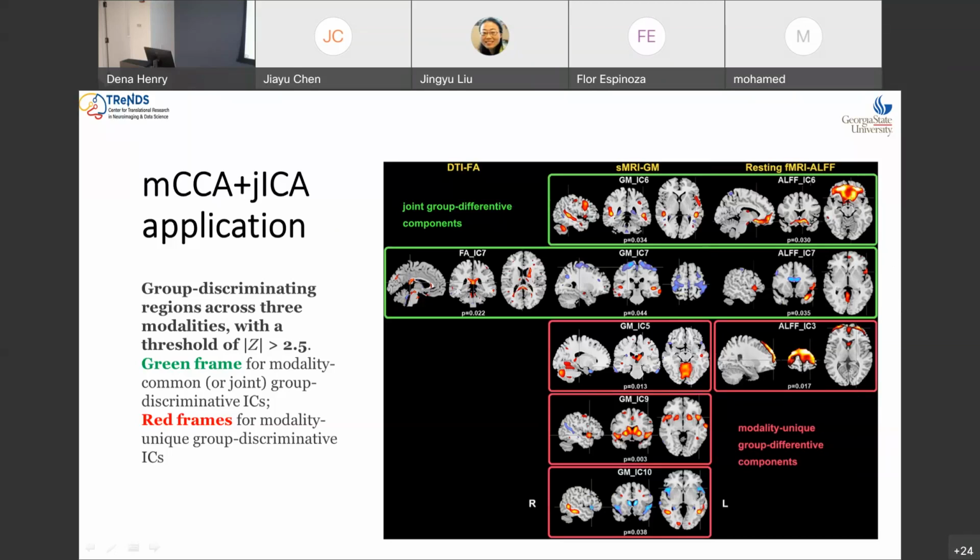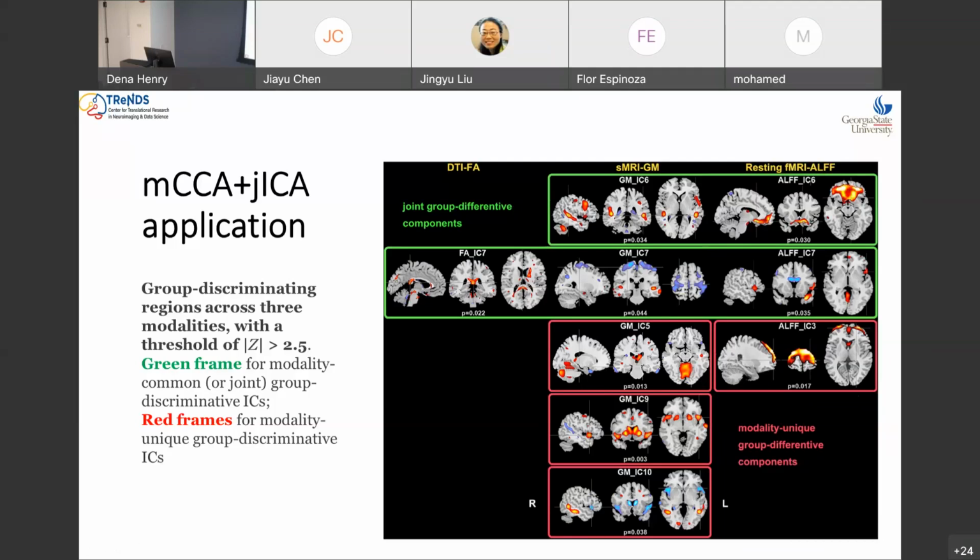Particularly, the paper highlighted this joint component, IC7, highlighted by the green frame. It's a joint component where all 3 of its unimodal components showed group differences between patients and controls. As mentioned in the paper, you would not be able to identify these patterns if you only did unimodal analysis for individual modalities. It was only identified by this joint analysis. So that's one unique part of this approach.